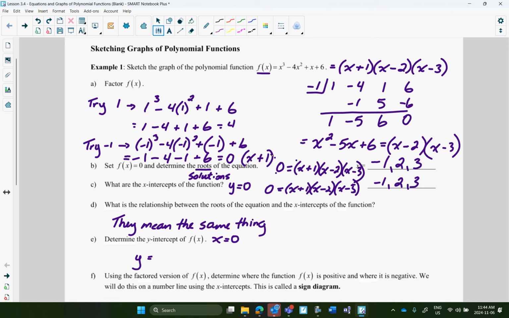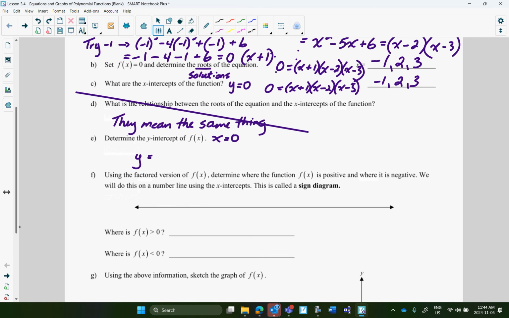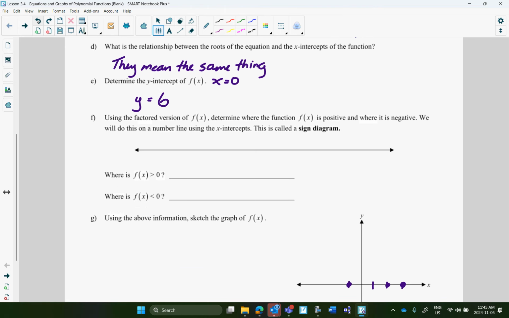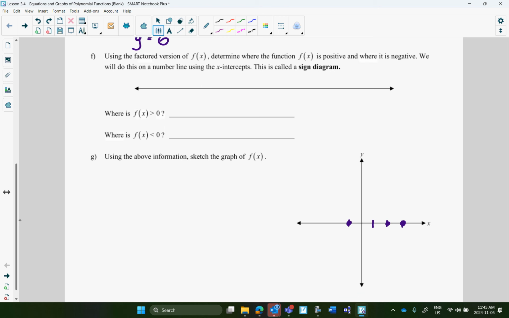So 0, 0, 0, 6. That's the y-intercept is 6. That means I got another point. So I got 4 points.